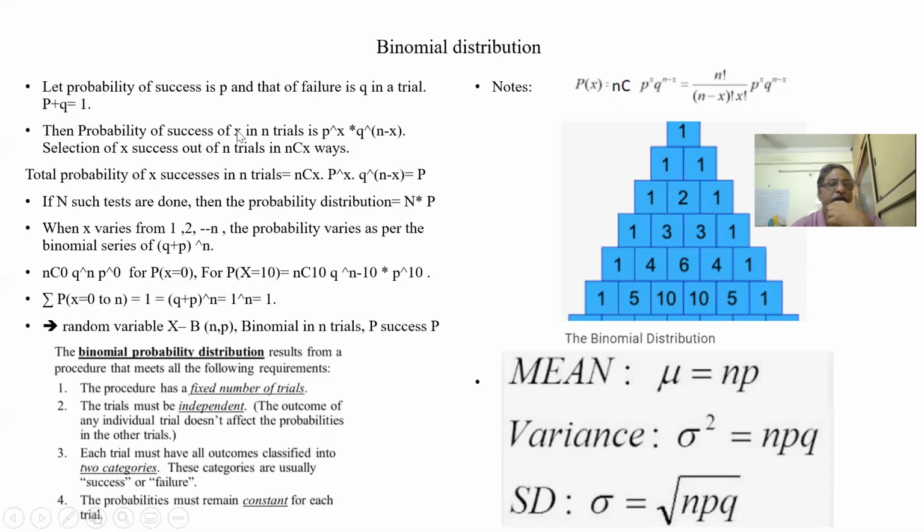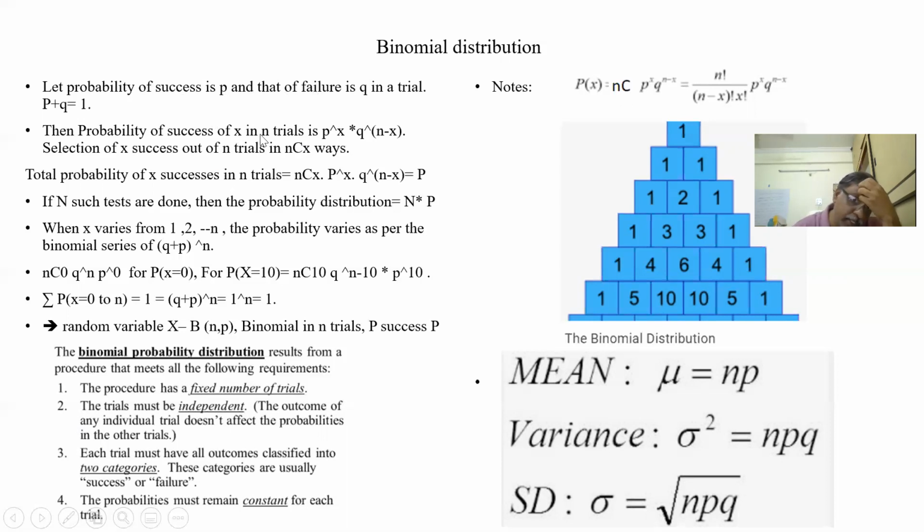So now I want x heads. What is the probability of each time? P. I want x times. So P to the power of x is the probability of getting my success, heads. Now n minus x times I should get tail. I should not get head there, because I want head only x times. So P each time, x times, P to the power of x is the probability.